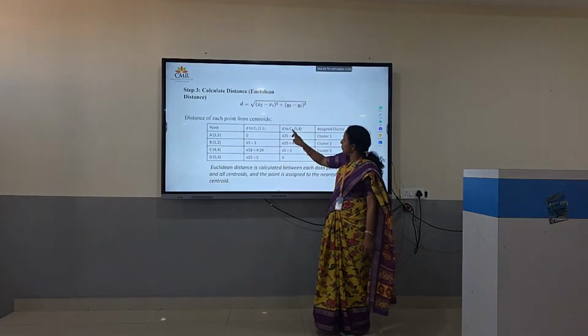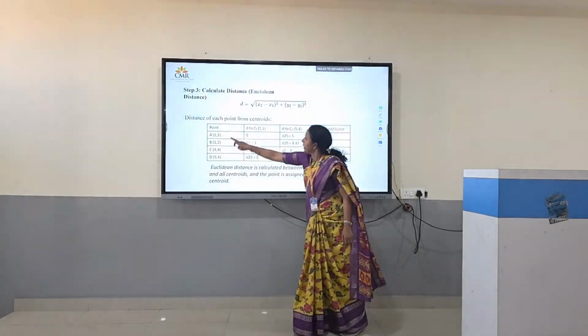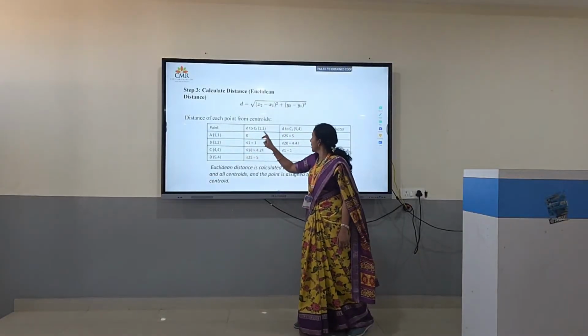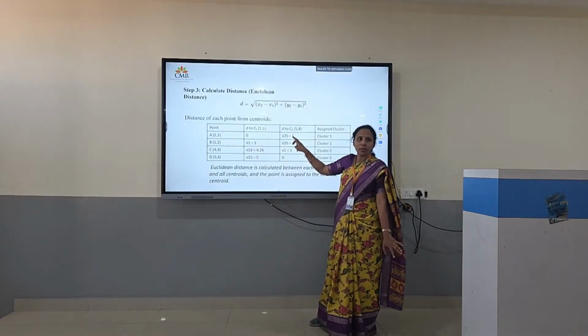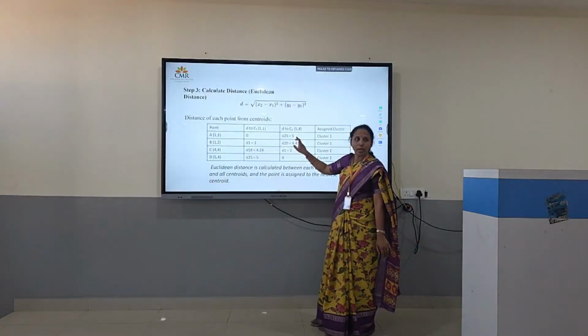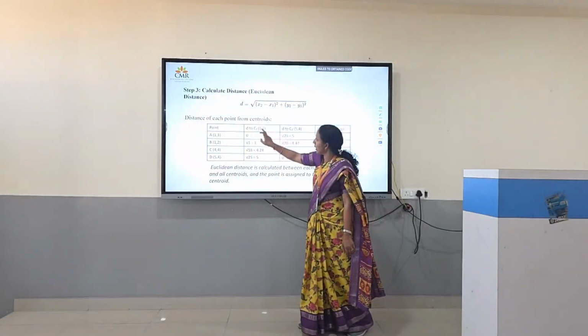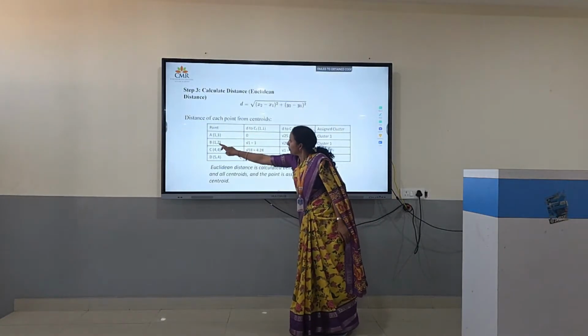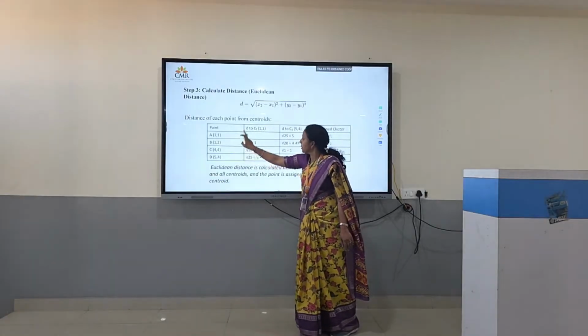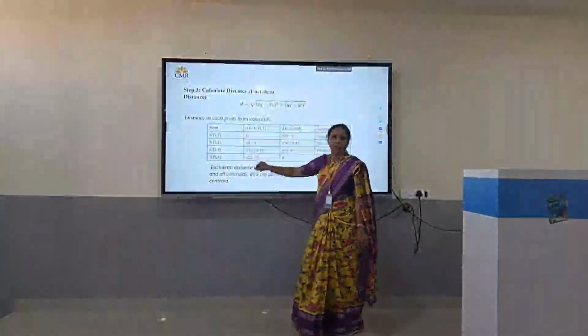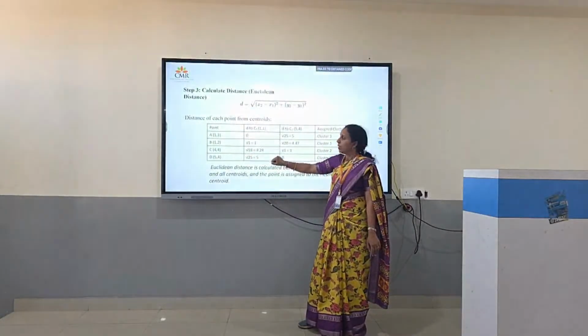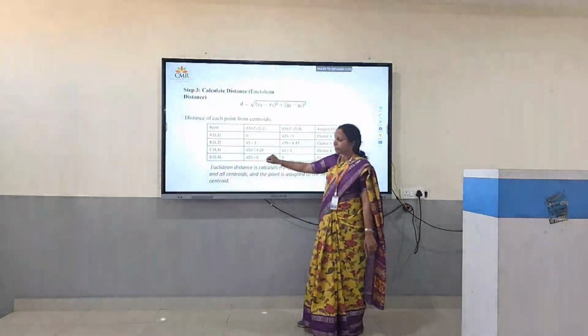So distance to C2: 5 minus 1 whole square plus 4 minus 1 whole square, that is 16 plus 9, it is 25, square root is 5. In the same way, distance from B to centroid, distance from C to centroid, distance from D to centroid. You can note it down.